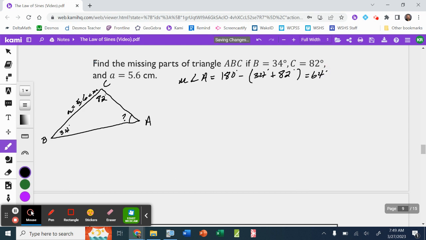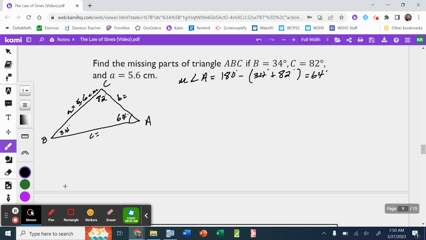So in here, instead of putting a question mark there, we can write in 64 degrees. All right. Now, with that, that gives us enough information for one full ratio for our law of sines. Now, we're supposed to find all the missing pieces, so we still need to find side B and side C.